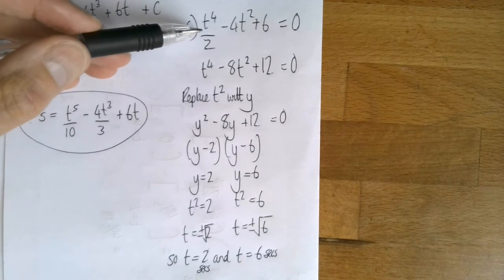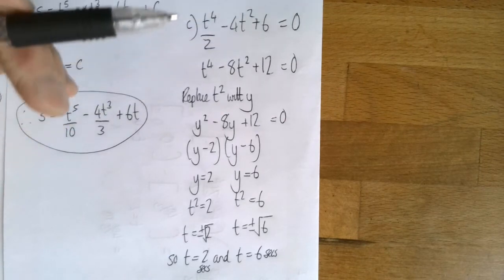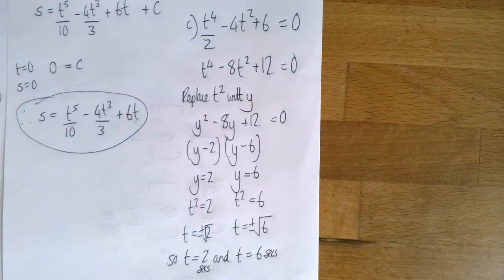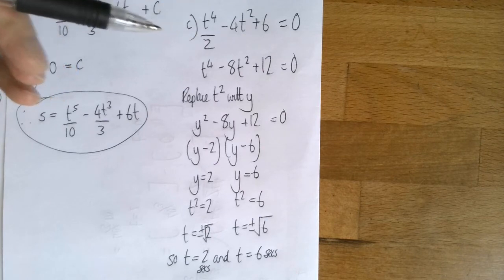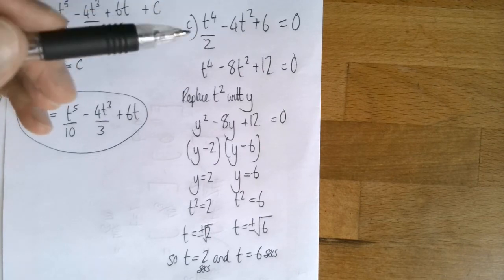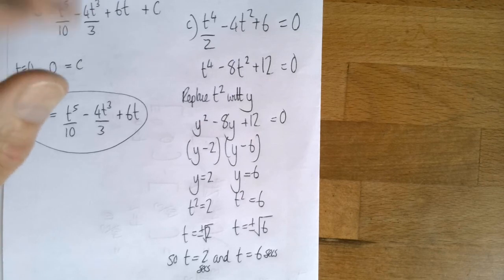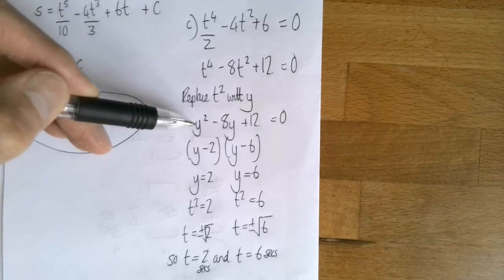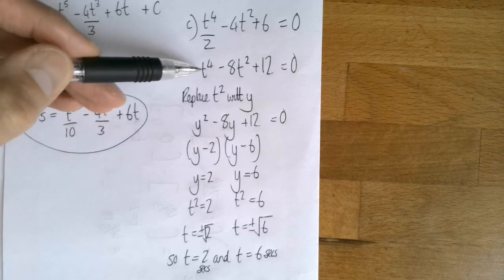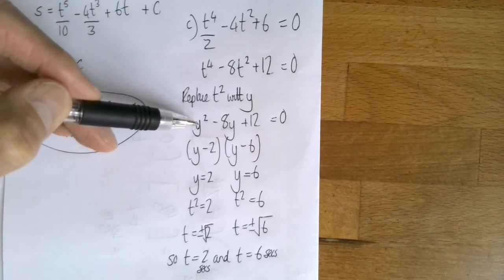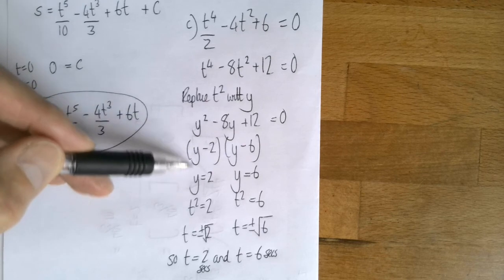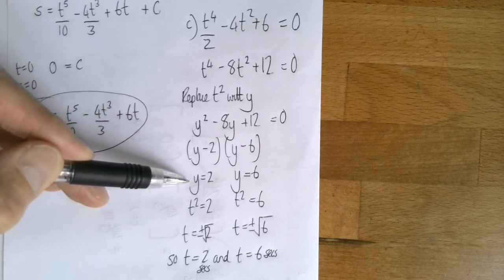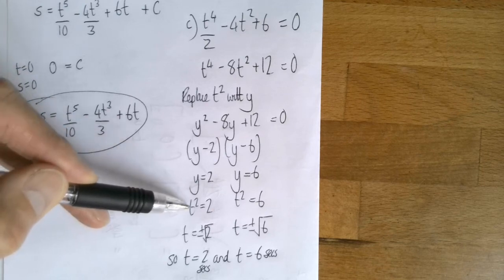So remember, this was our velocity formula, and we asked when does it equal 0. Our calculator will actually solve quartics, but it's one of those things that we're not allowed to use our calculator for. We can use it to check. So instead I doubled everything, recognised it was a quadratic in disguise, so used a substitution, solved it, could have used my calculator, just wanted to keep my factorising skills honed, and that gave me my t squared values.